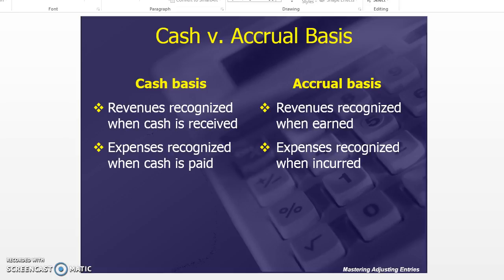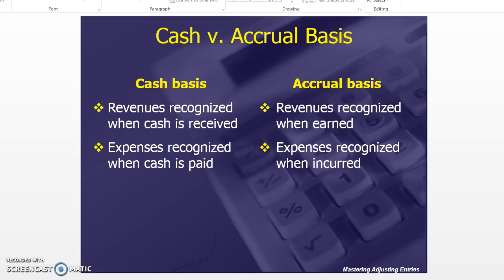We know that in the business world, there are two accounting methods available to a business to use. One is the cash and one is the accrual basis. What's the difference? You may recall that under a cash basis of accounting, we are only concerned with when the cash physically comes into our business and when the cash physically leaves our business.